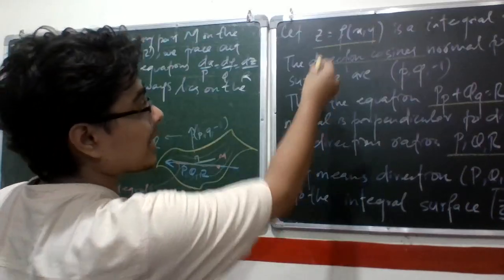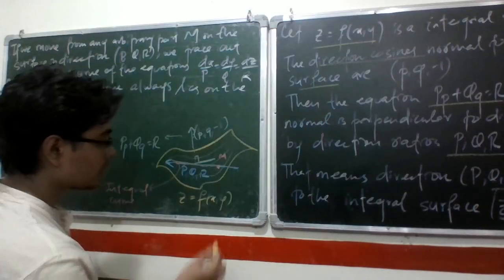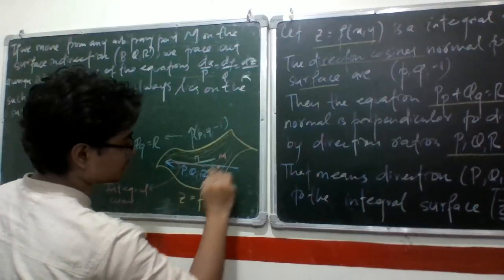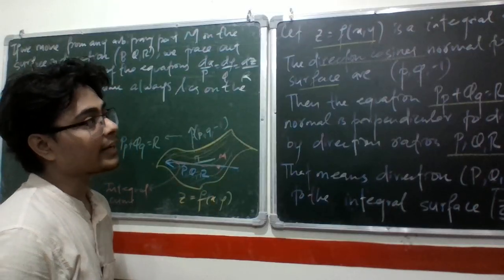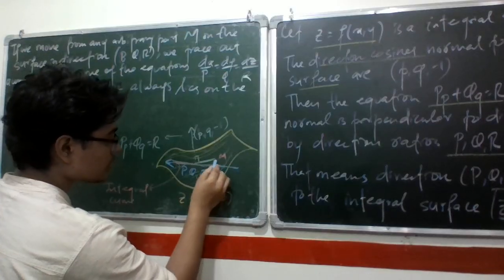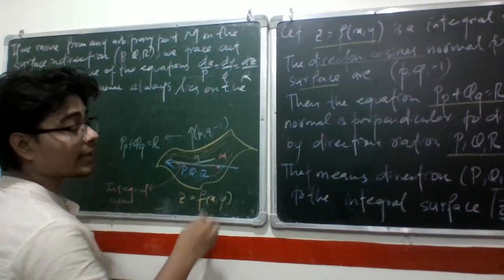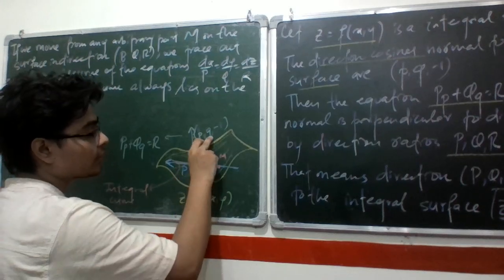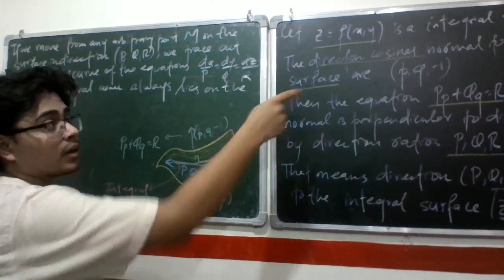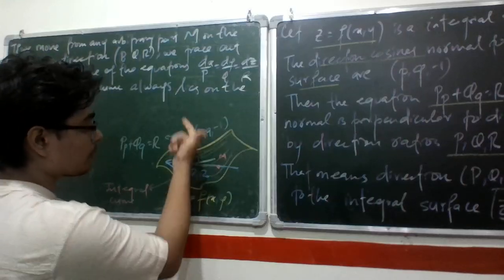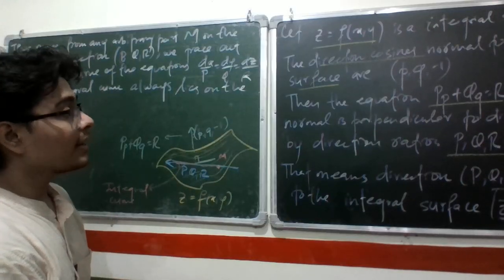It says that we have a surface. This yellow is our surface, and we define direction cosines for this surface. Direction cosines are always perpendicular to the integral curve. So p, q, minus 1 defines the direction cosines normal to this surface.